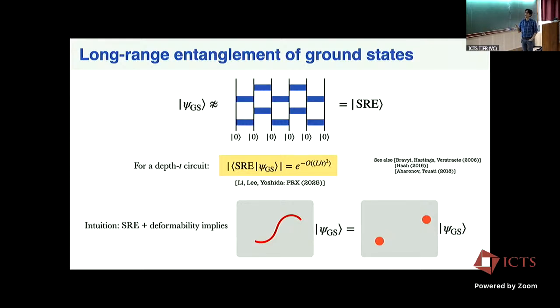And what you can show is that if you also assume that the system was short-range entangled, then this would mean, together with this deformability, that there is also some local operator that just creates an individual anyon. You could replace the string with just two operators, whose size is proportional to t, that create individual anyons.